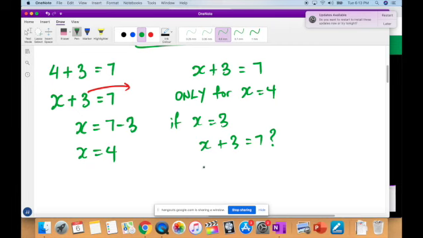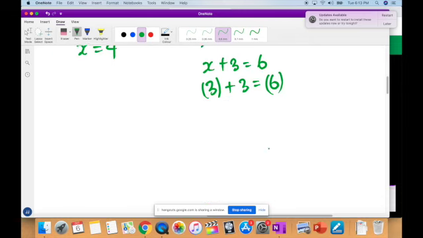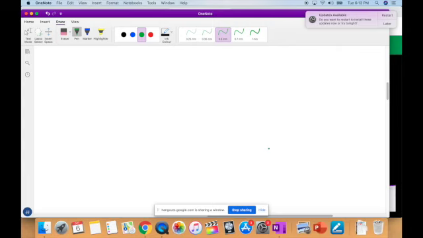No. What would x plus 3 equal? 6. So once we change the value of x, the answer is going to change. Essentially what we're doing here is substituting values.